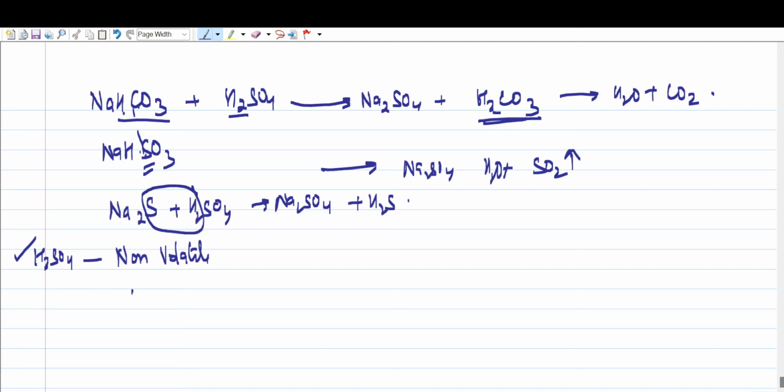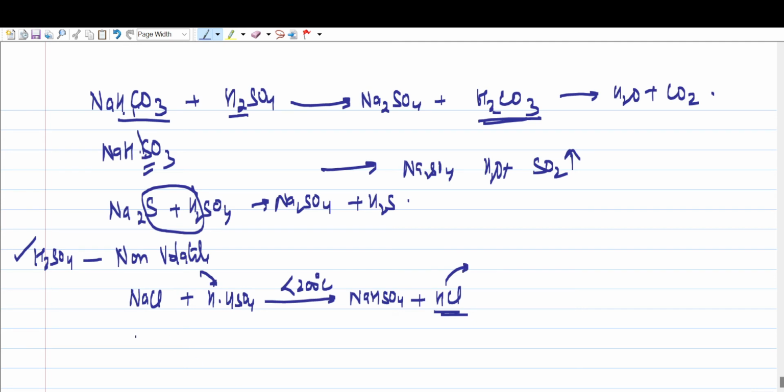Okay, so if we take NaCl, we treat this with sulfuric acid H2SO4. Temperature we keep below 200 degrees centigrade. We get NaHSO4 and hydrochloric acid. Okay, so it's a non-volatile acid, sulfuric, and you get a volatile acid.